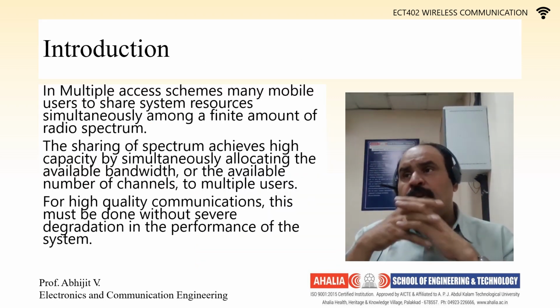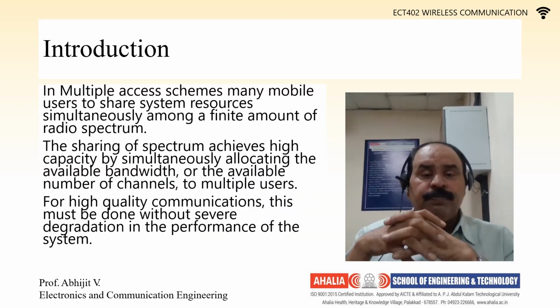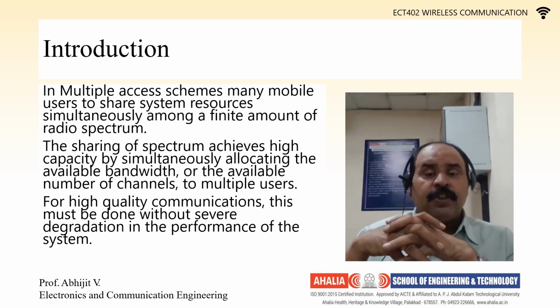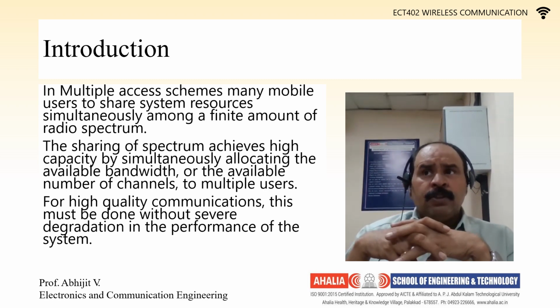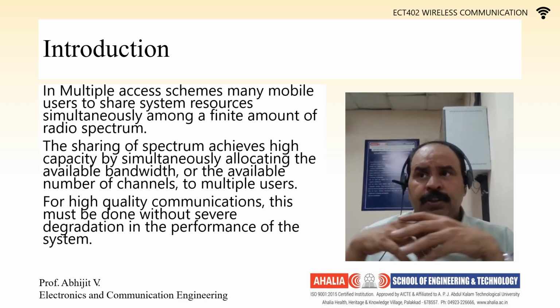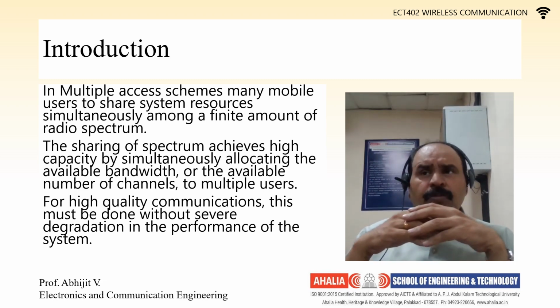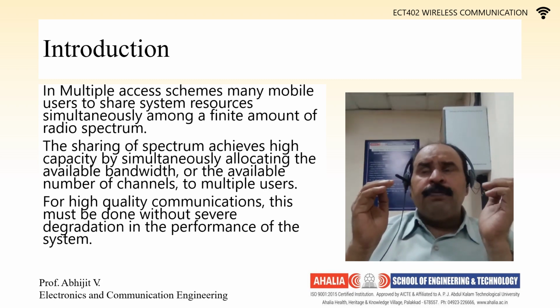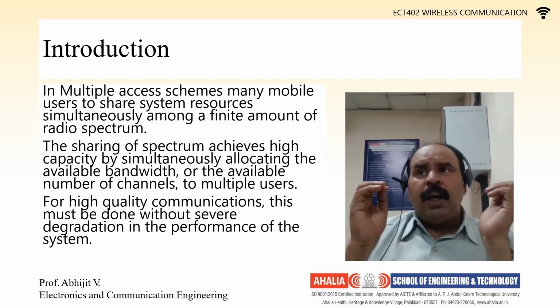So, introduction to what is a multi-access system. Multiple access means you have a single set of resources and this resource is accessed by multiple users. We are finding different technologies or techniques to optimize the use of our bandwidth. One of the most important resources we have is the bandwidth.